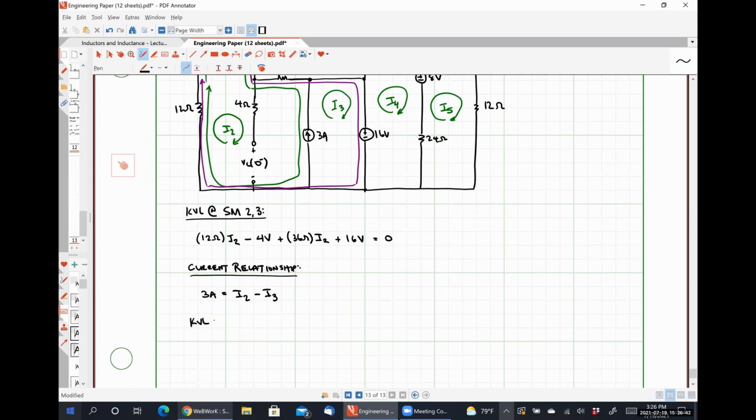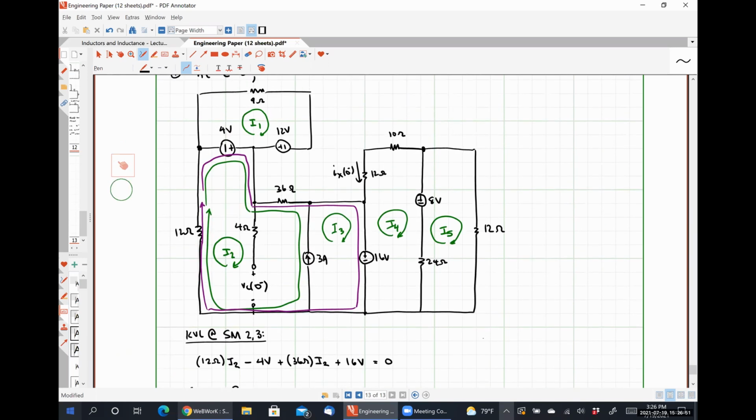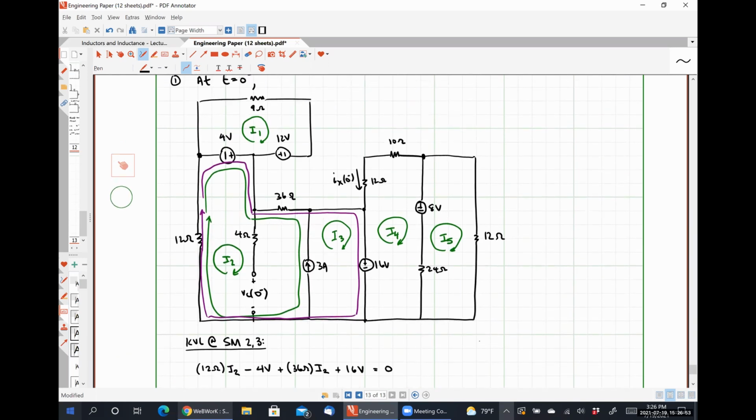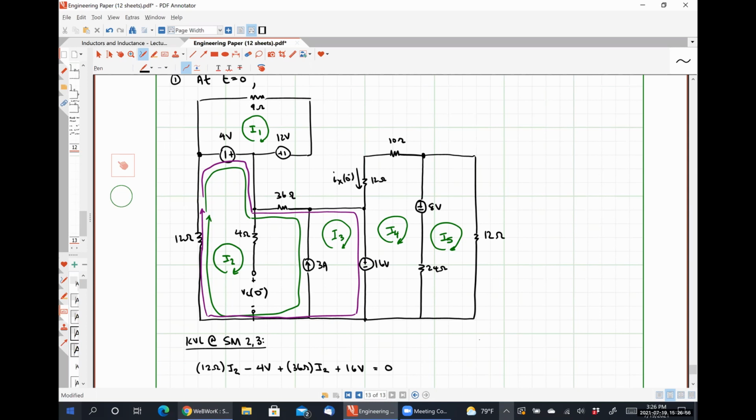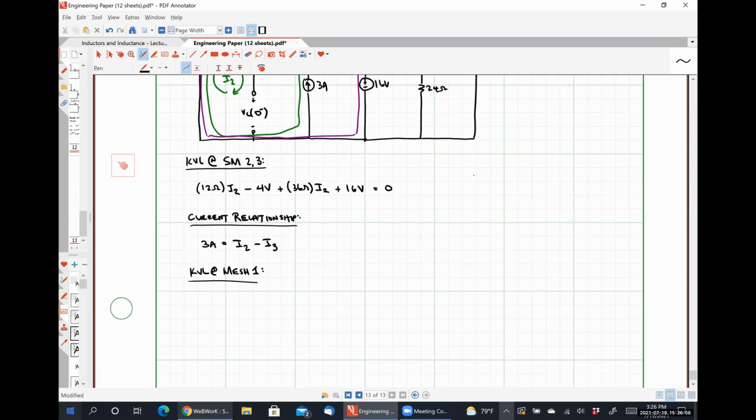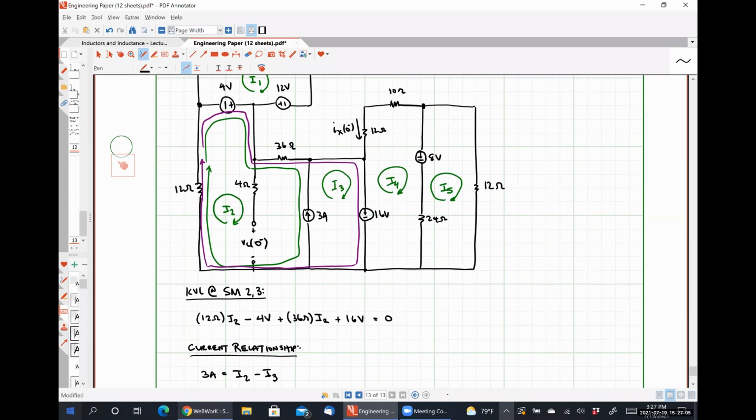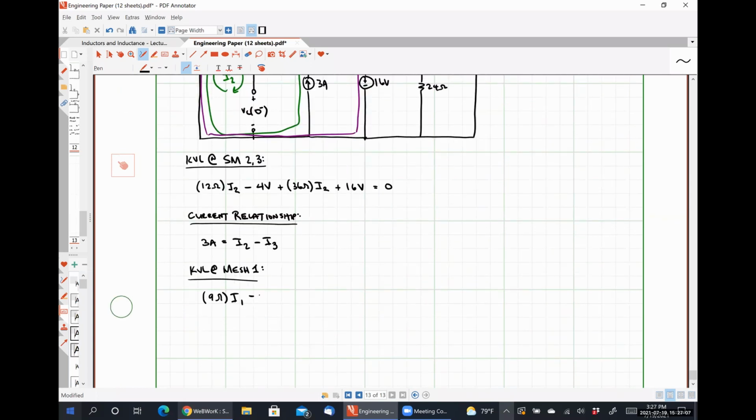So that'll be KVL at mesh 1. If I start from the bottom left-hand corner, I have 9 ohms times I1, minus 12 volts, plus 4 volts, is equal to 0.